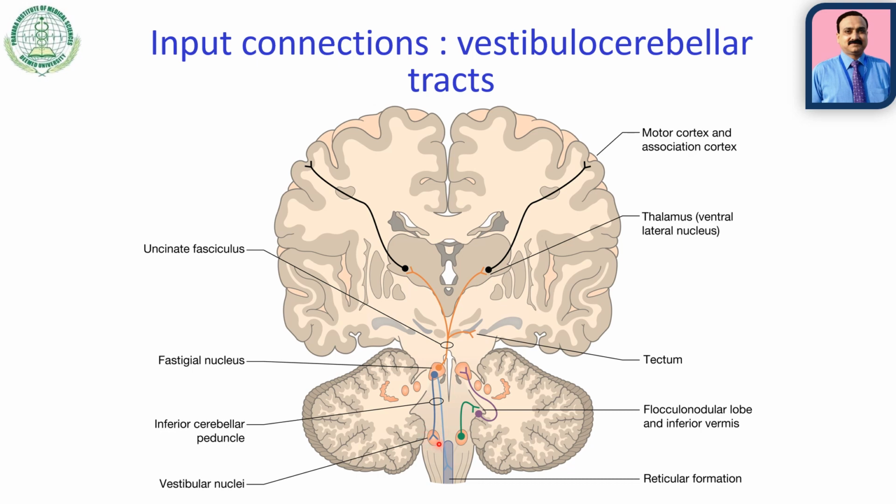So these vestibular nuclei go through inferior cerebellar peduncle to the most medial nucleus of the cerebellum, which is present in the deeper portion of the vermis, that is nucleus fastigii, and from here the fibers pass through the uncinate fasciculus to thalamus, and from here they may go to the motor cortex and association cortex.